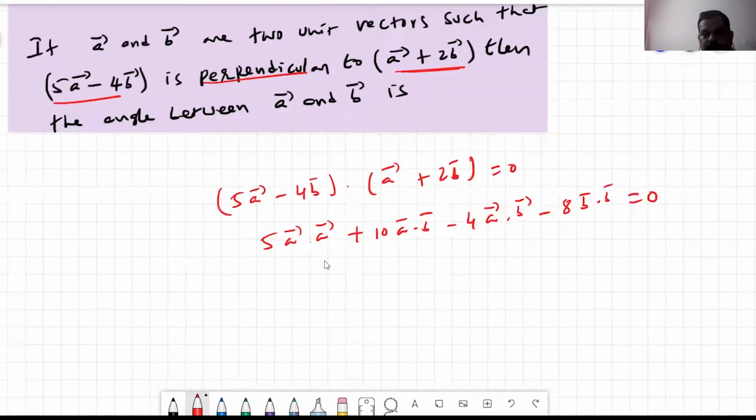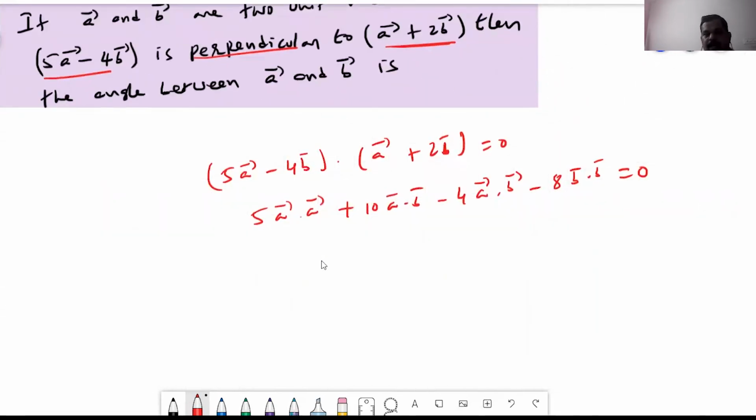Now again, a bar dot a bar is a square. So 5a square, 10ab minus 4ab plus 6ab. So directly I'll write 6a bar dot b bar. So I can write 6ab cos theta. Here I don't know what that is. 6ab cos theta minus 8b square is equal to 0.